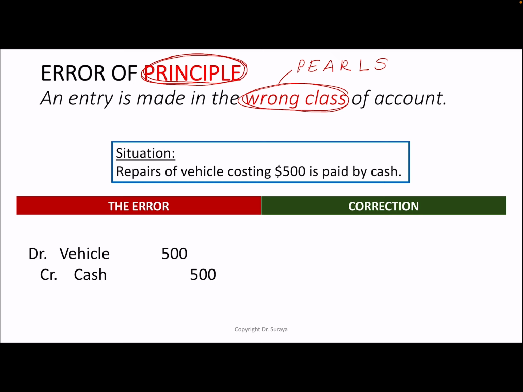So these are all different classes of accounts. You have accidentally recorded expenses into assets, or accidentally recorded assets into expenses, or accidentally recorded a liability as revenue. So these are called error of principle, when the entry was made in the wrong class of account.